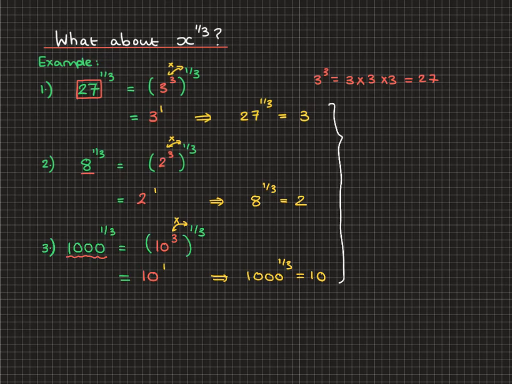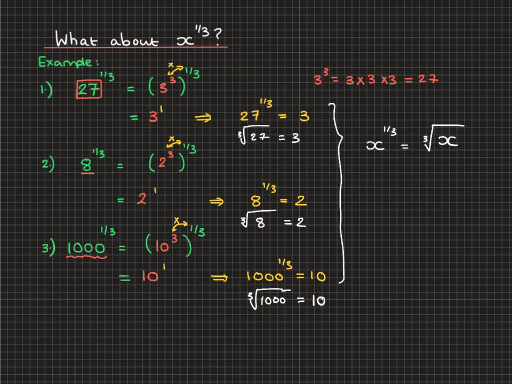Can you see that if you raise a number to the power of a third, it calculates the cube root of that number? Because the cube root of 27 is 3. The cube root of 8 is 2, and the cube root of 1,000 is 10.